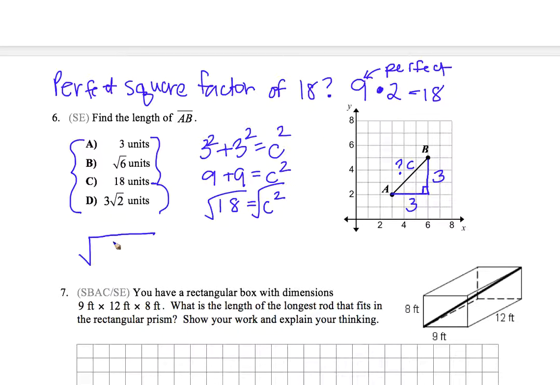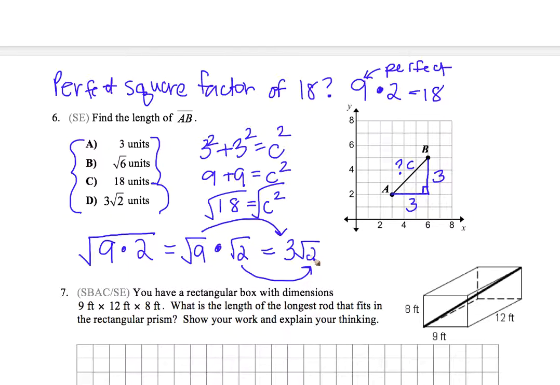So what I could actually do is I could actually write this as 9 times 2, which actually becomes square root of 9 times square root of 2. Square root of 9 is 3. Can't do anything with the square root of 2. I end up with D. Now when we did square roots, we skipped this part when I had to narrow things down.